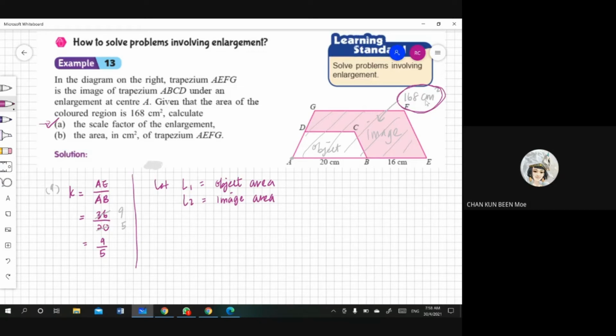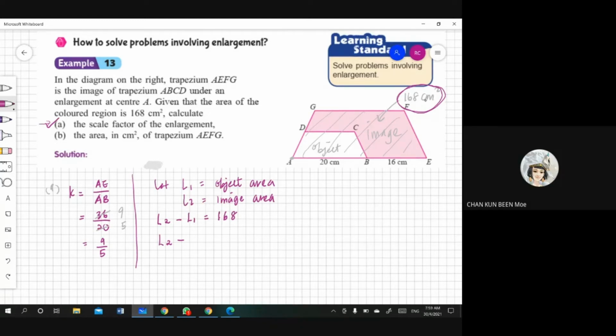So that will be L2, the image area, minus the object area equal to 168. You're okay, right? Over here, we don't know how much L2 is, the image area, so we cannot do anything yet. But we can work on L1, the object area.